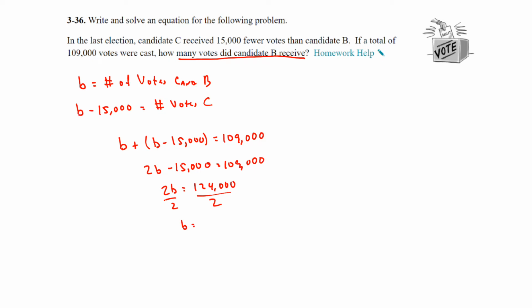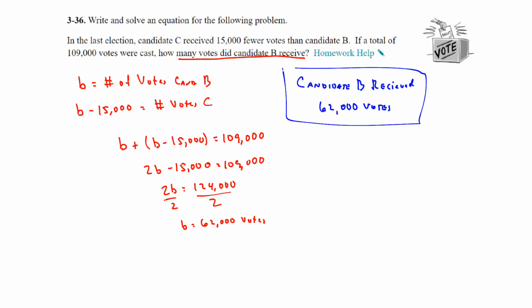And then we divide by 2 and we get 62,000 votes. And that's 62,000 votes for candidate B. And that's what the question is asking. How many votes did candidate B receive? 62,000 votes. Make sure you answer that question.